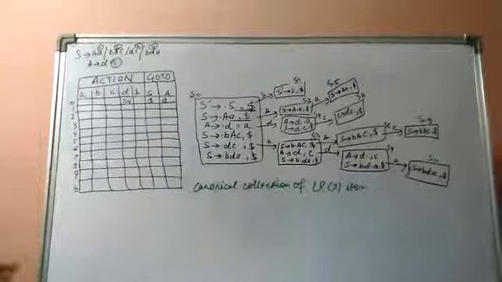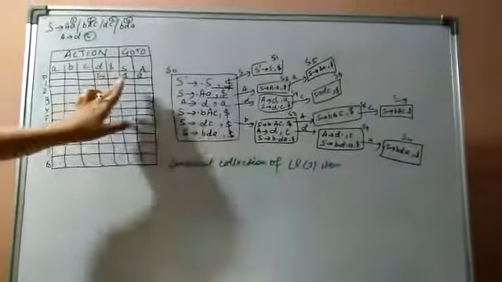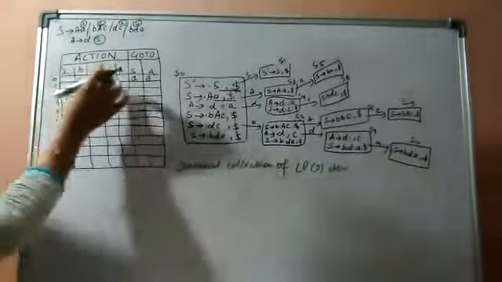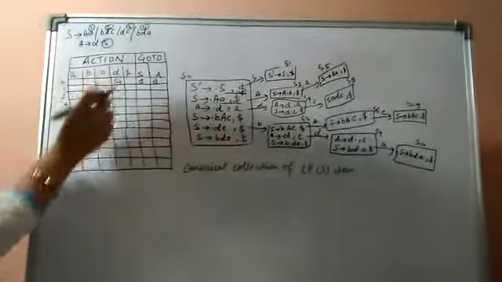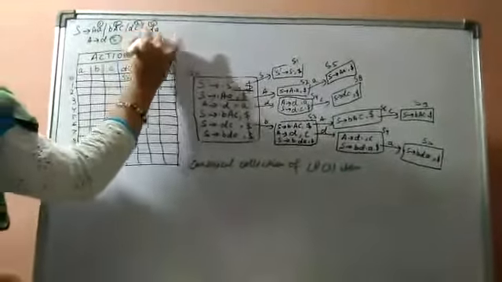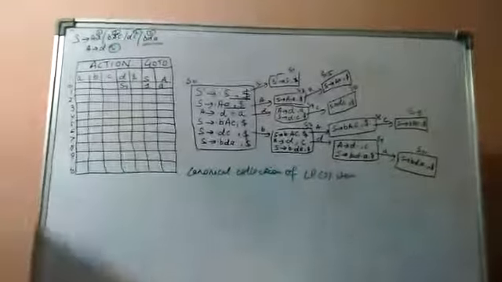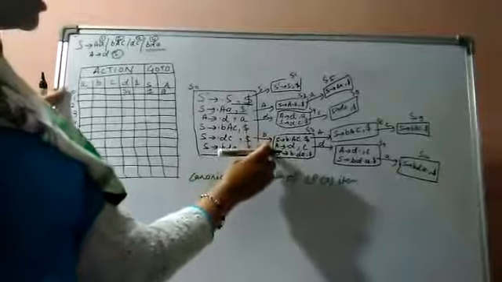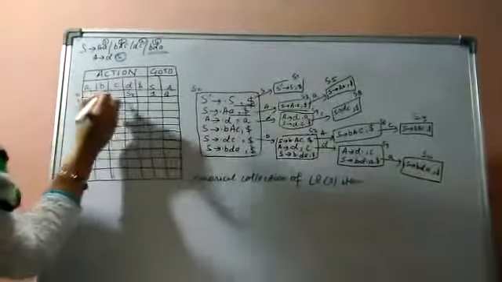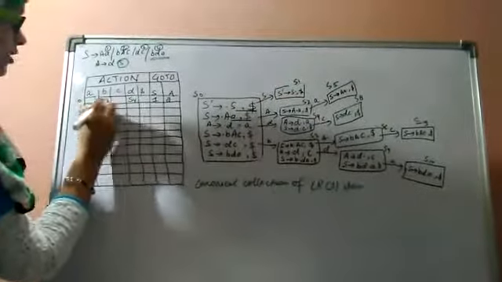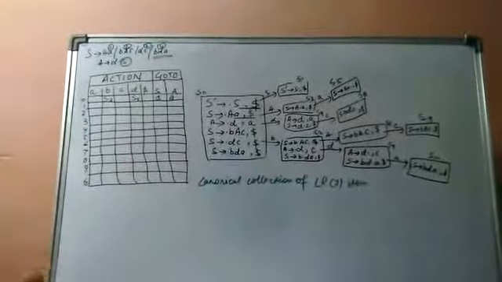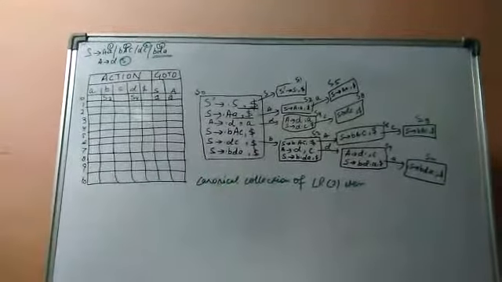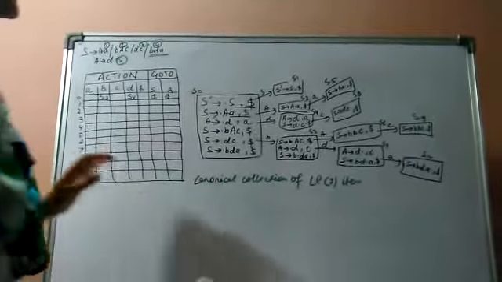Here see that in go to part we are dealing with only numerical value, and this S4 means we are shifting the fourth production rule. This means now 0 to B, S3. Now from first state, the first state is augmented grammar.